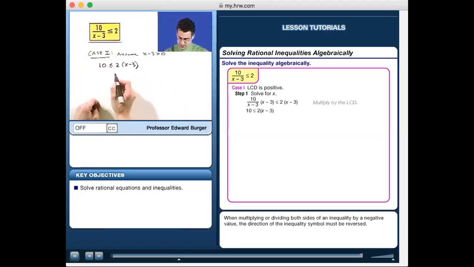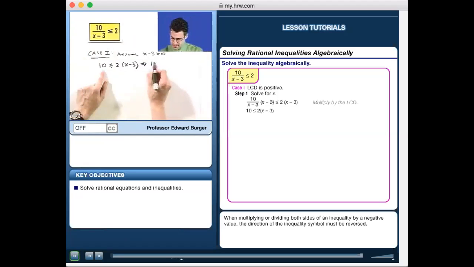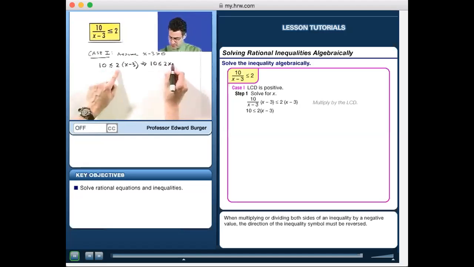Well, now I can solve this. I multiplied both sides by x minus 3, so on the left side it eliminates the x minus 3 in the denominator, and on the right side it is 2 multiplied by x minus 3. I see 10 is less than or equal to 2x minus 6.